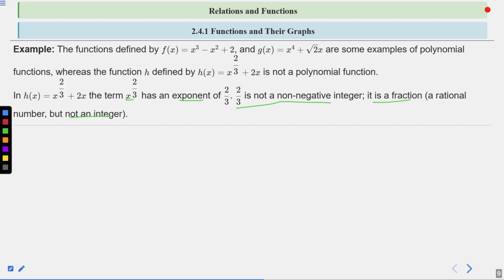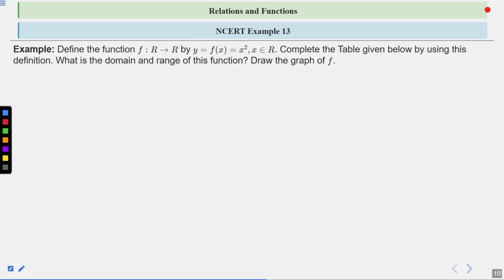Moving to the next. Now this example. Suppose f from R to R is defined by f(x) equals x square, where x belongs to the set of all reals, meaning the input comes from the set of all real numbers.